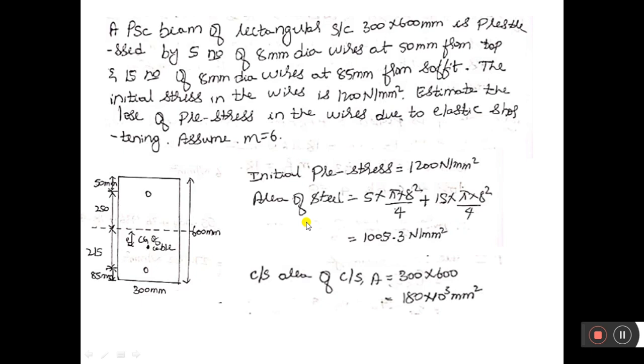Therefore total area of steel is equal to 1005.3 mm square. Therefore cross section area of the beam is equal to 300 into 600, that is 180 into 10 to the power of 3 mm square.